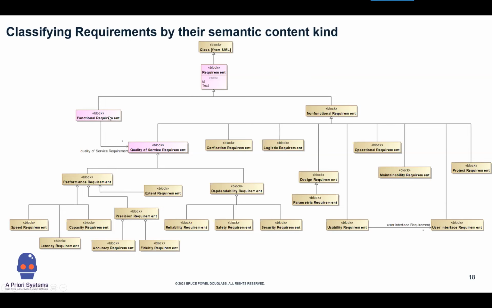Functional requirements and what I called quality of service requirements, which are a kind of non-functional requirement. Quality of service requirements can be performance requirements such as speed, latency, capacity, precision, and so on. Or they can be dependability requirements such as safety, reliability, or security.